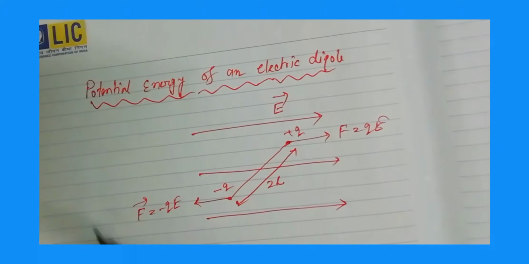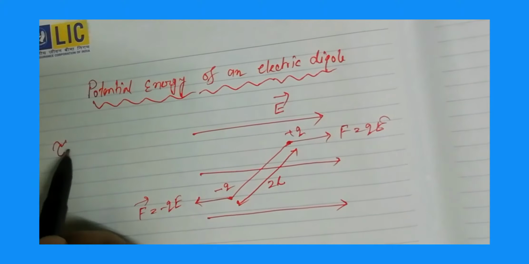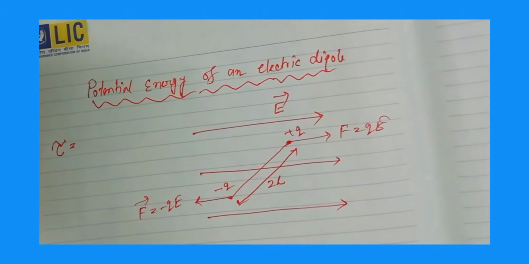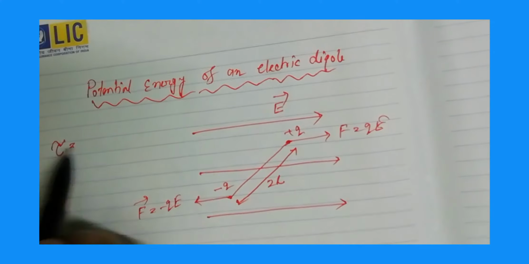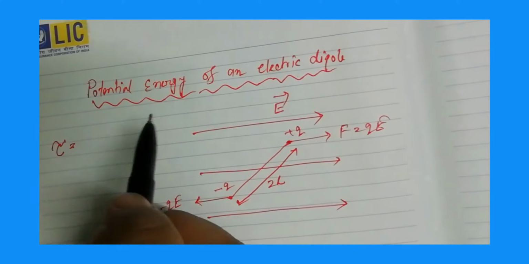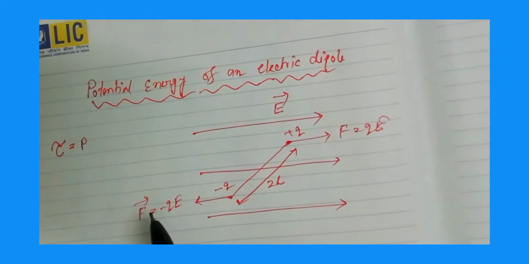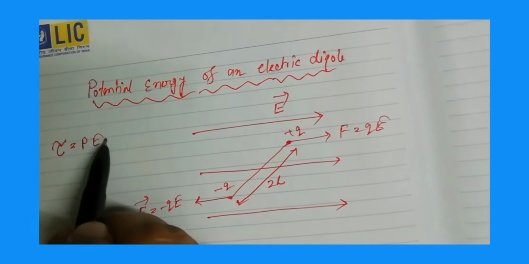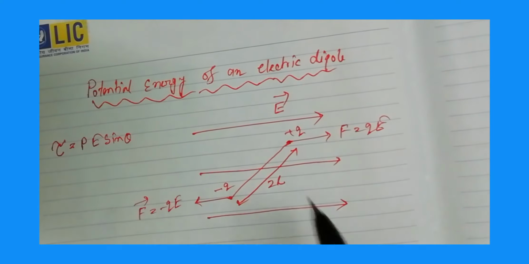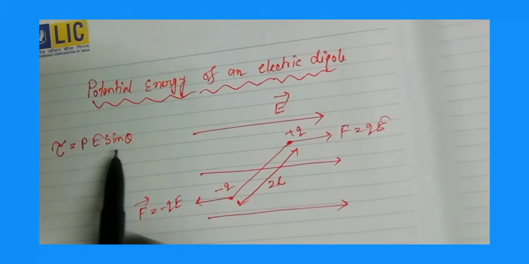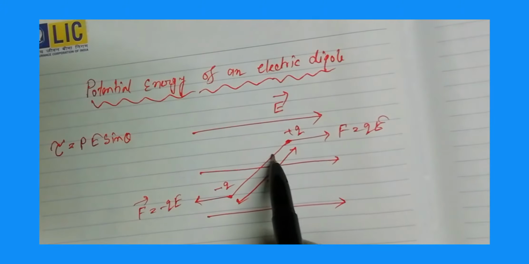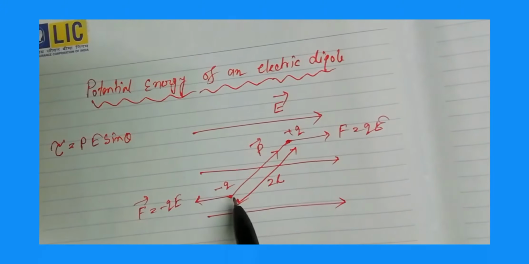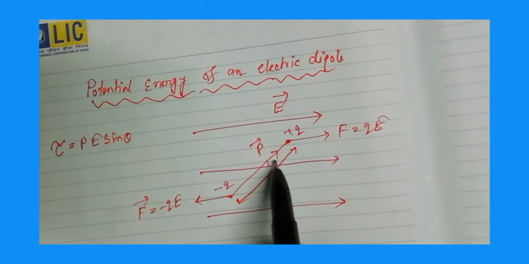As we know, the torque tau, which is a rotational force for this electric dipole, is equal to P E sine theta, where P is the dipole moment, E is the electric field, and theta is the angle between P and E. Here P is along this direction, the dipole moment always from minus Q to plus Q, and this is the angle, this is the electric field.